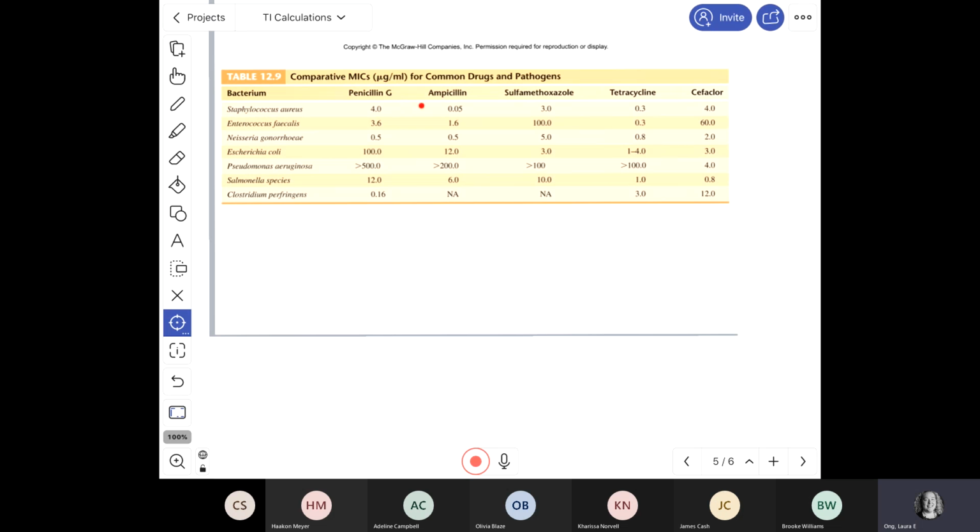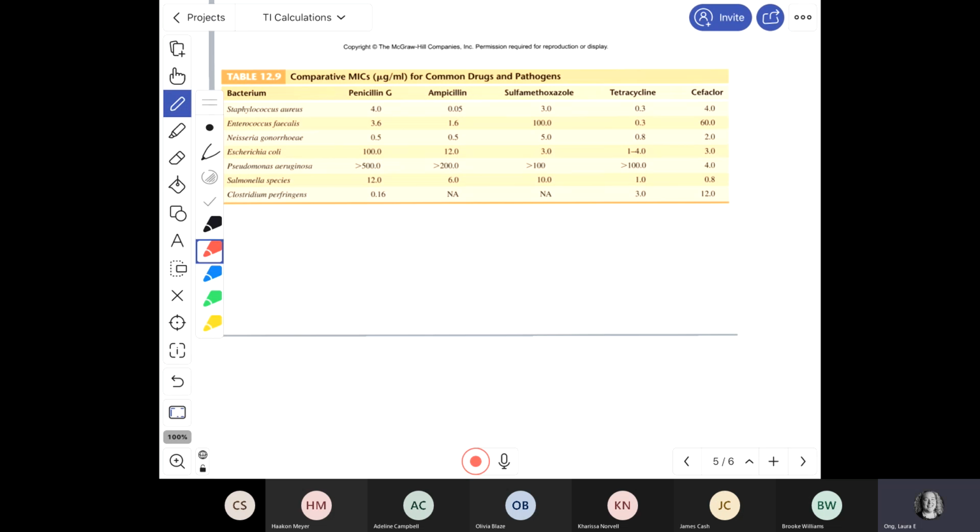And when we look through this, there's quite a range of numbers. So for the drug cefaclor, the MIC for a Staphylococcus infection is 4. For ampicillin, the MIC for a Staphylococcus infection is 0.05.